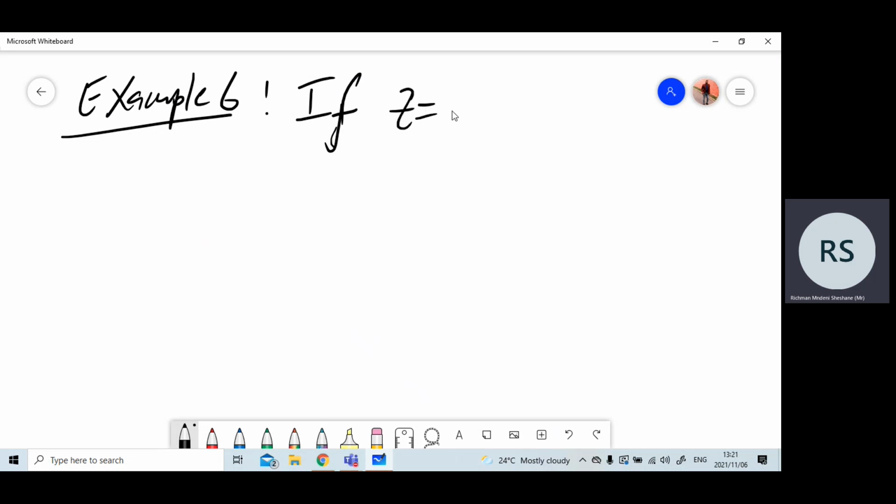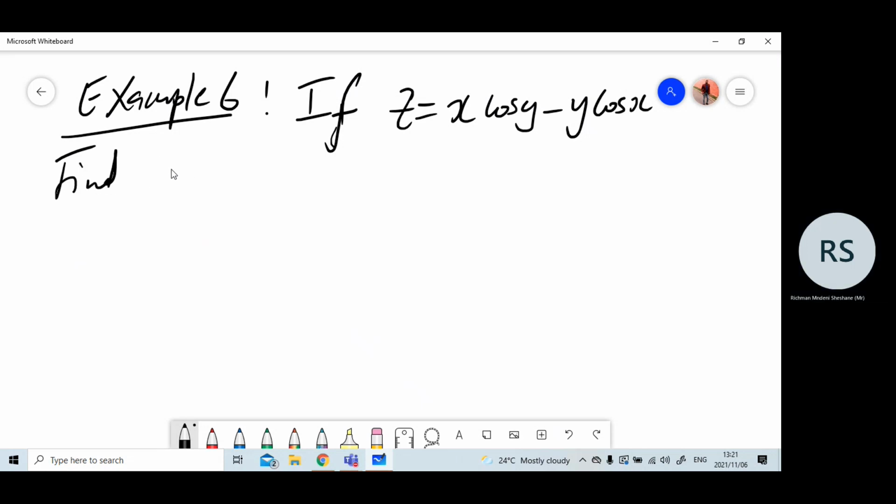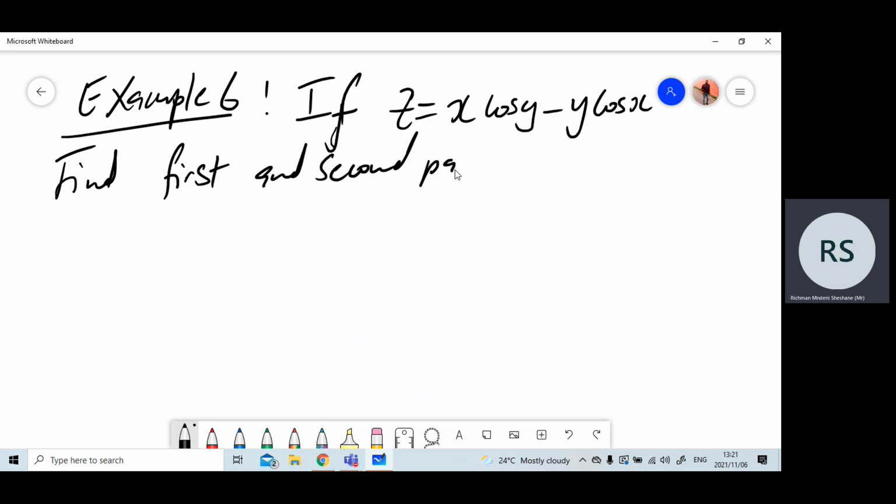If z is equal to x cos y minus y cos x, find the first and second partial derivatives of z. Okay, solution.